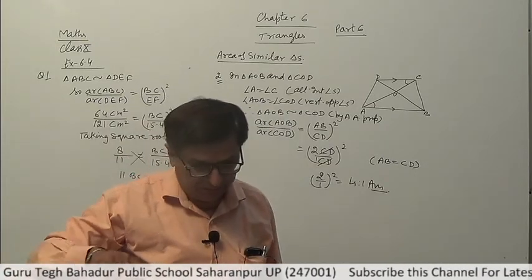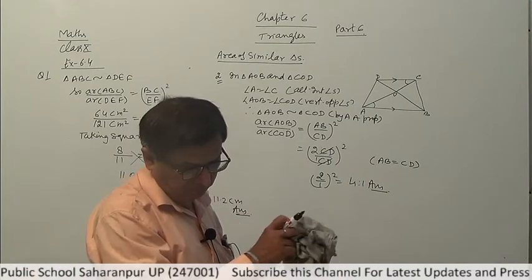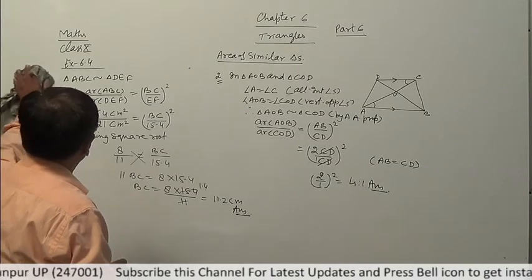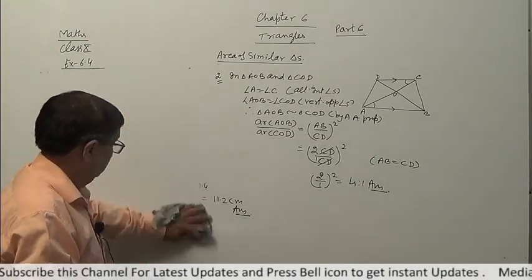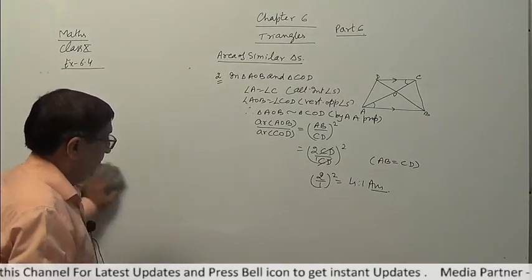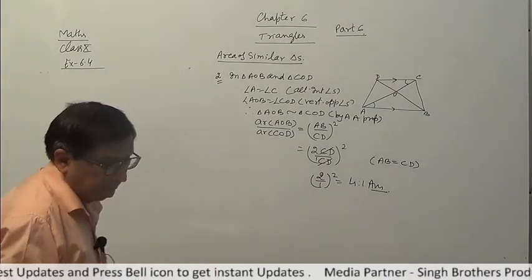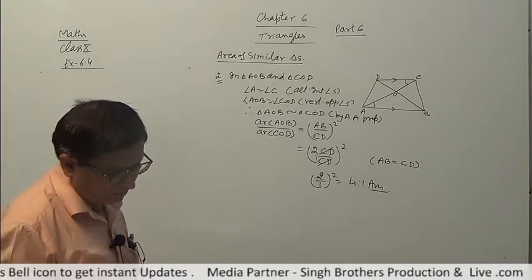Question number 3. In ABC and DBC are two triangles.